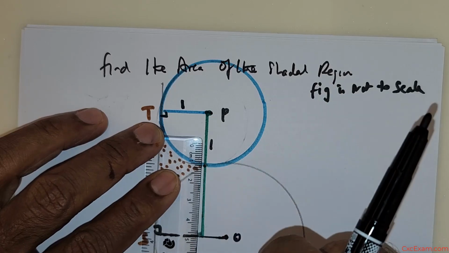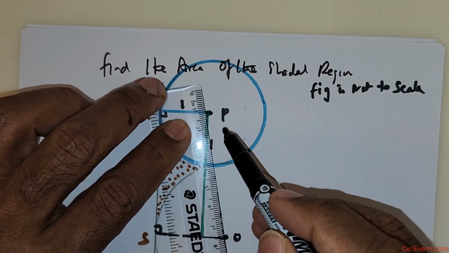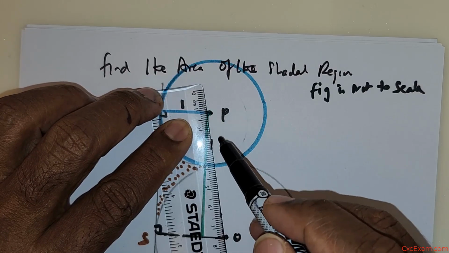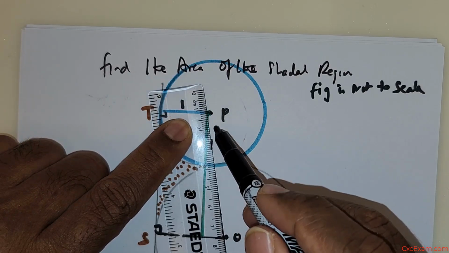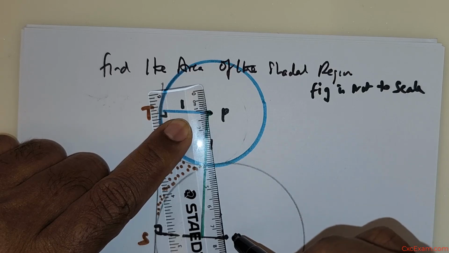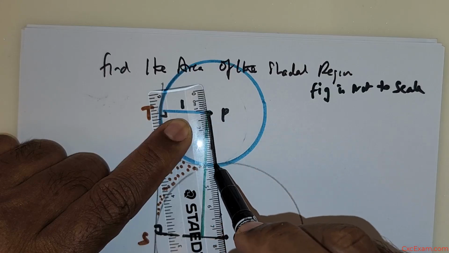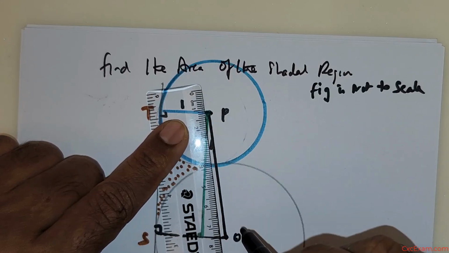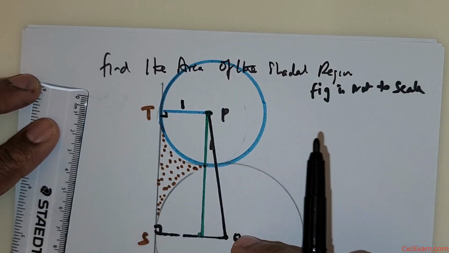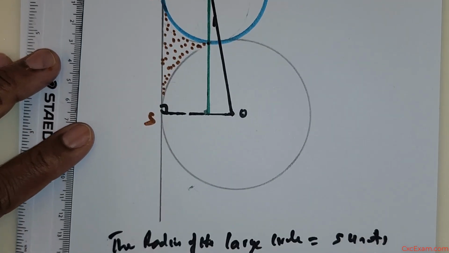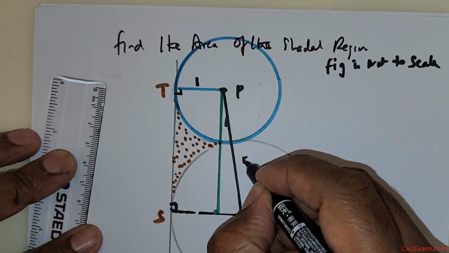We do not know this distance, but we can connect, since I mentioned to you by the geometrical property, there is a point of tangency between two circles, and if I were to draw a line through the point of tangency, then that line would actually connect the centers of the circle. So I can actually connect O with P. Now the radii of the large circle is given as 5 units, so this is going to be 5 units.